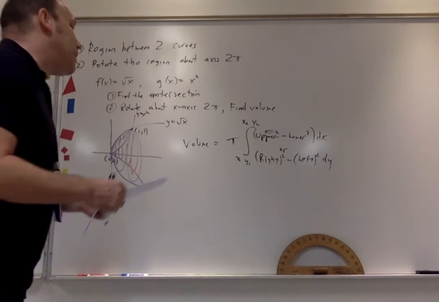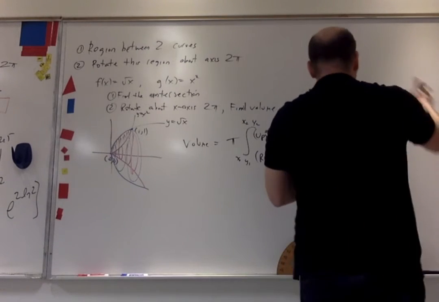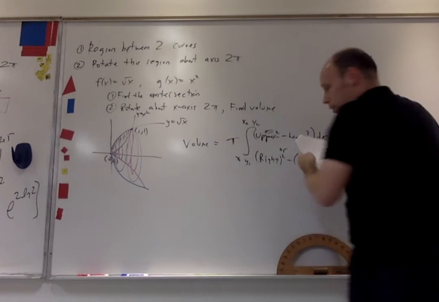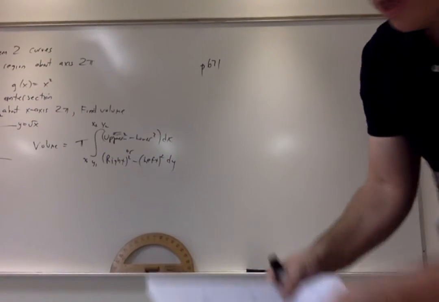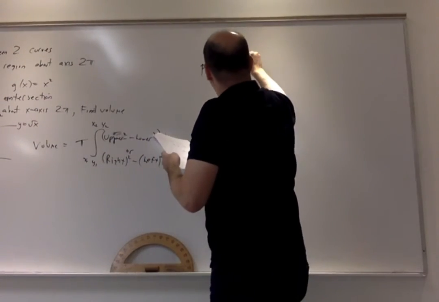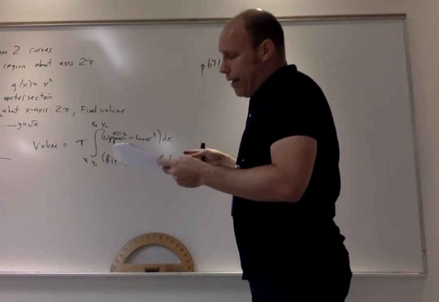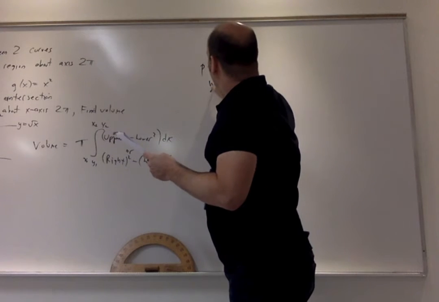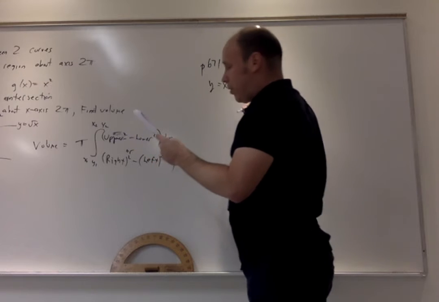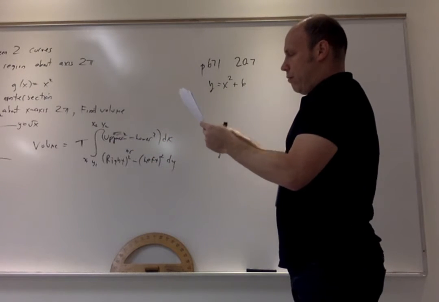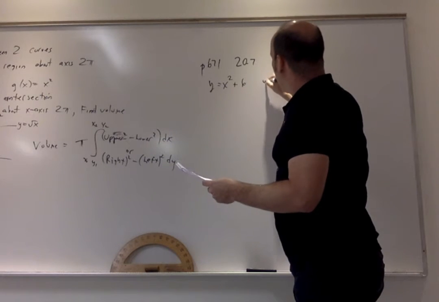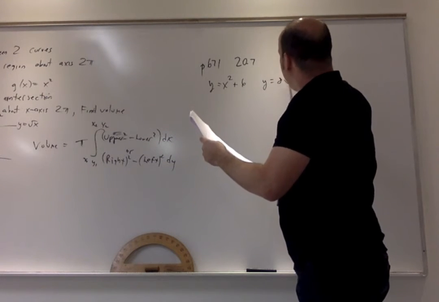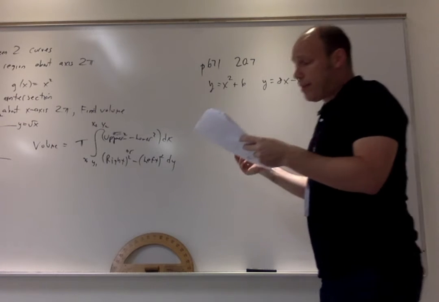We can see an example like this on page 671. Let's move the camera over. In the book, you'll see a question like this, example 20 in chapter 27. They'll say y equals x squared plus 6, and the other curve is y equals 8x minus x squared.